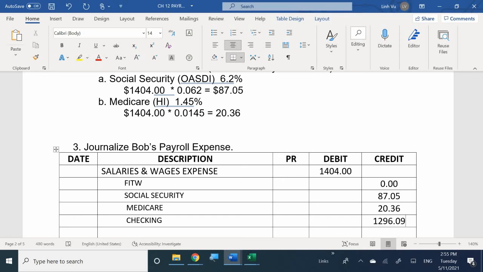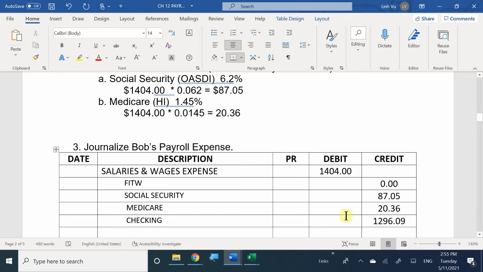So you take your total amount of 1404 and subtract out your liabilities: subtract out 0, subtract out 87.05, and subtract out $20.36 to get the ending balance of $1296.09. Okay? Great job.